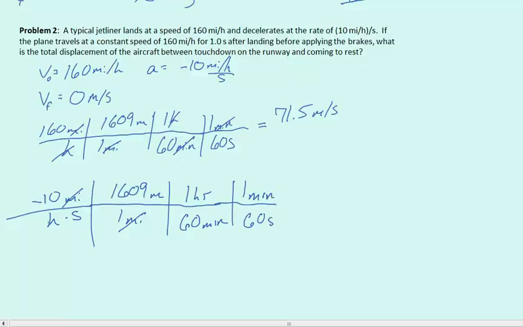So our hours will cancel out, which will leave us with meters over seconds times seconds, which will give us a unit of meters per second squared. So when we multiply and divide this out, the value we will get will be equal to negative 4.47 meters per second squared.